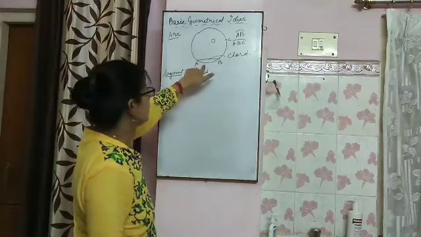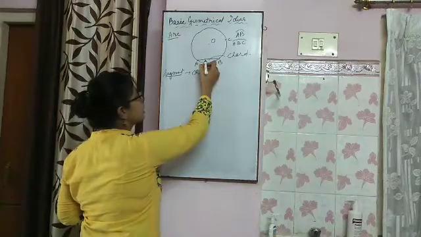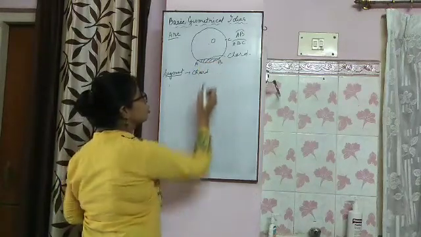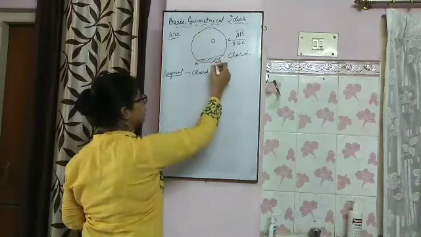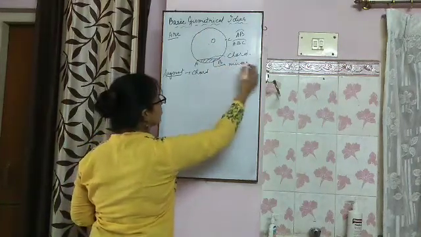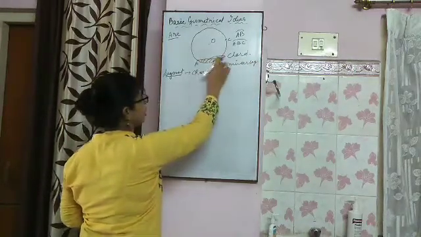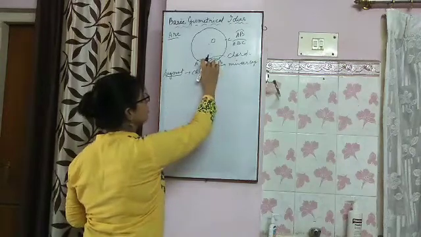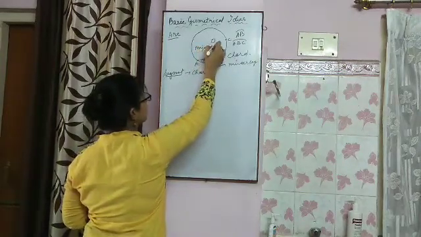So for chord, we get two parts. One is a smaller, other is a bigger. The smaller part is called minor segment. By the chord we get segment. So it is called minor segment, and this part is called major segment.